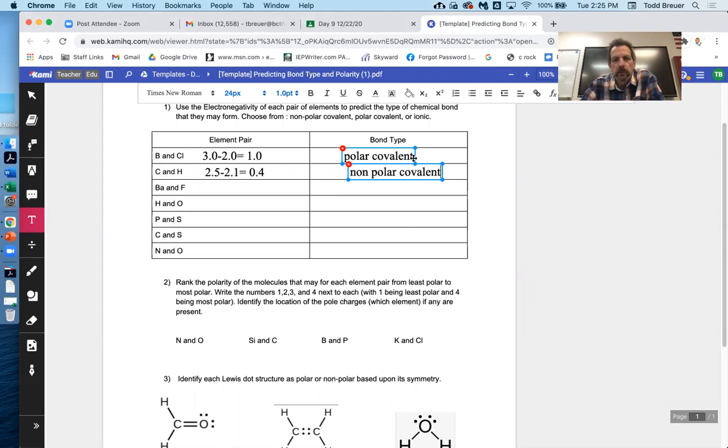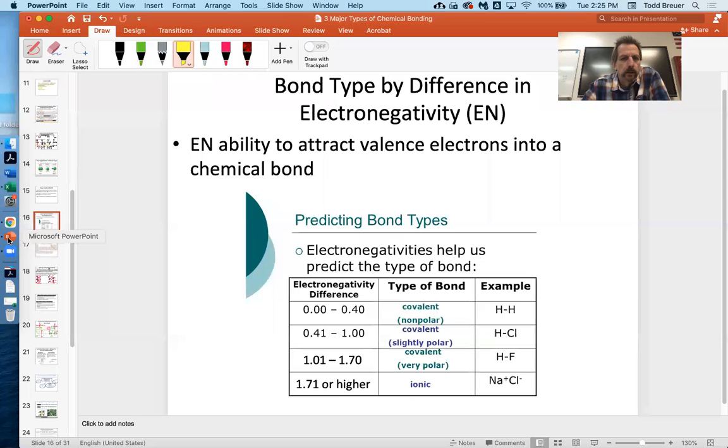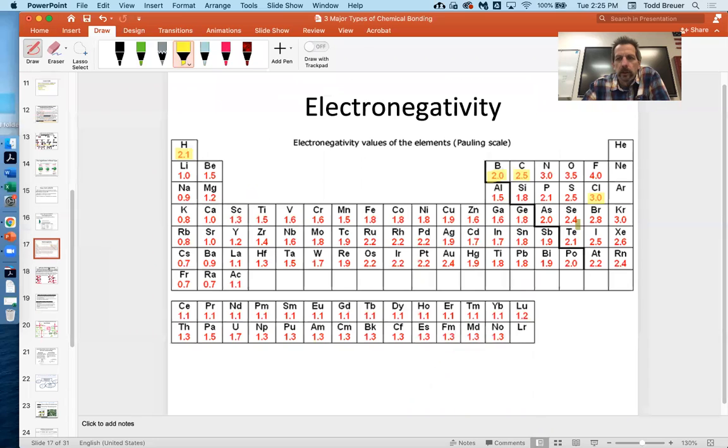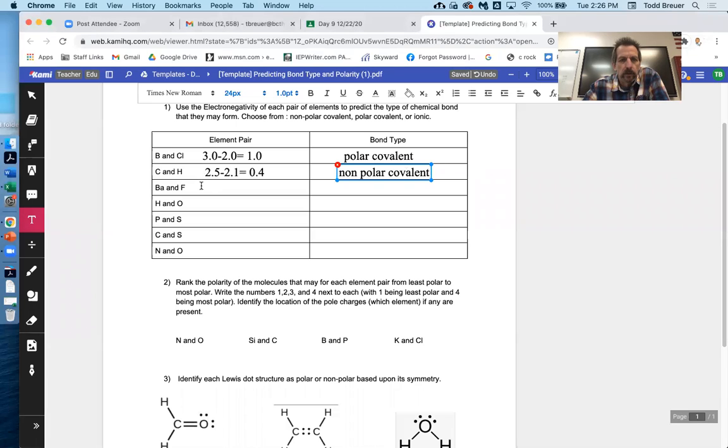Okay, and we're going to mark each of these in the same manner. So barium and fluorine. So we'll go to our chart here, barium, which is right down here, 0.9. Fluorine, the highest electronegative element, 4. So we'll subtract those two, 4 minus 0.9.